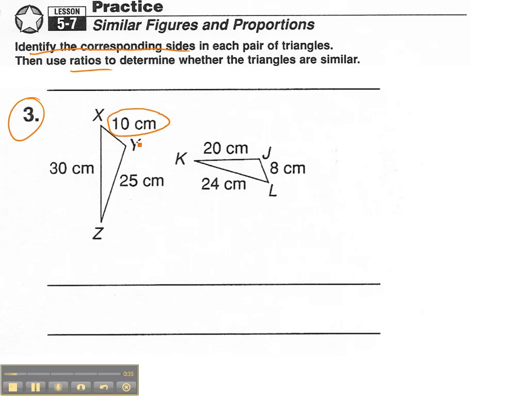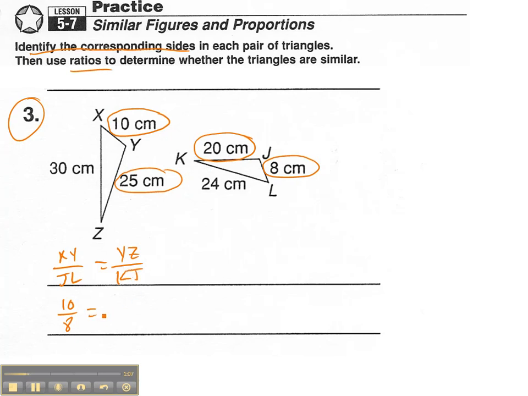The smallest side of this larger triangle is side XY, and that would correspond to the smallest side of this smaller triangle, which is side JL. The lengths of those sides are 10 centimeters to 8 centimeters. The next largest side of the larger triangle would be side YZ, and that corresponds to the middle sized side of the smaller triangle, which is side KJ.